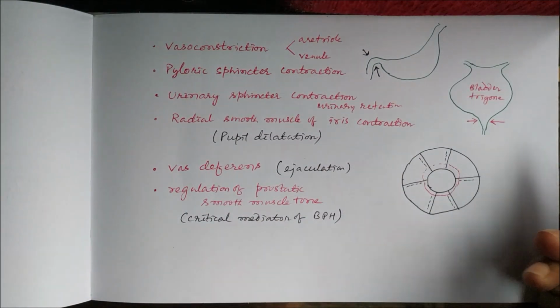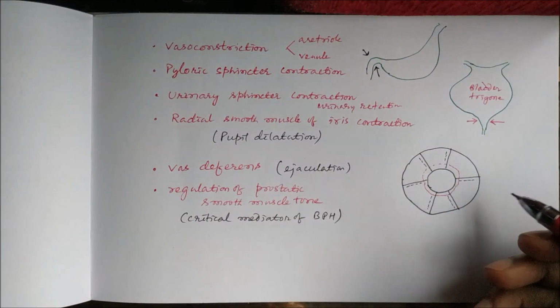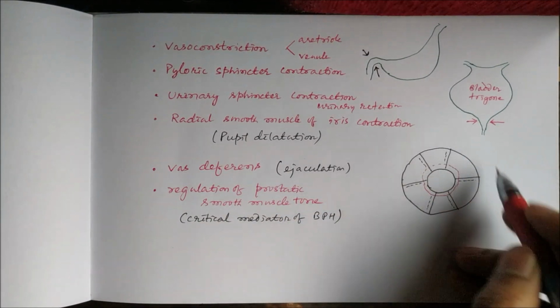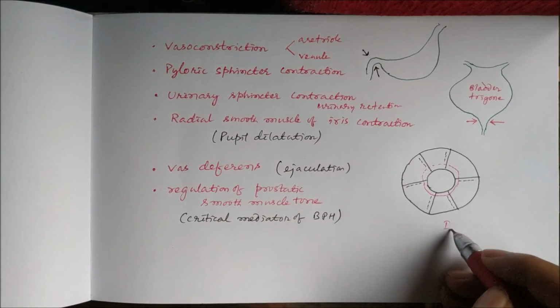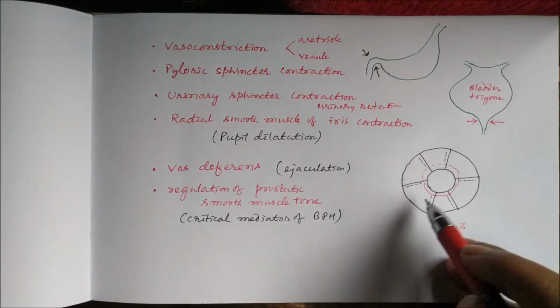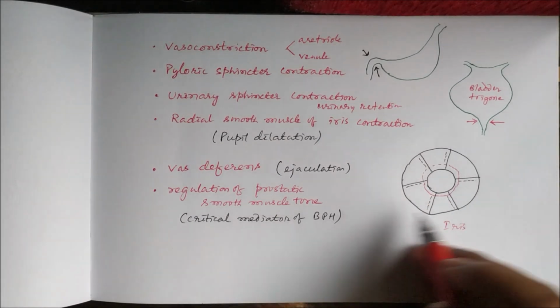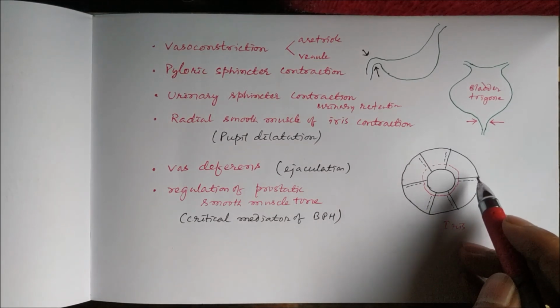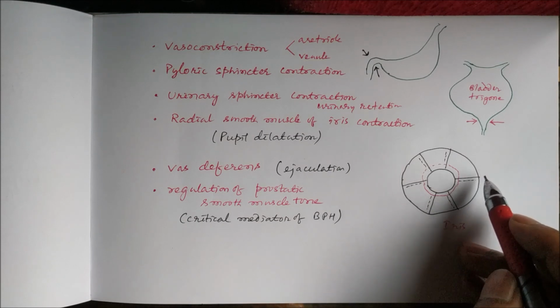Then pupil size is also regulated. This is the structure of the iris. The iris contains two types of muscles, radial muscle and circular muscle. I have shown here the radial muscle, and the radial muscle is supplied with sympathetic nerves.